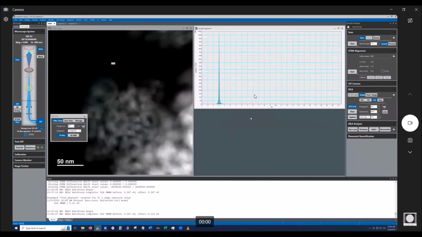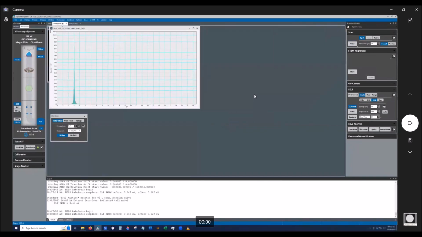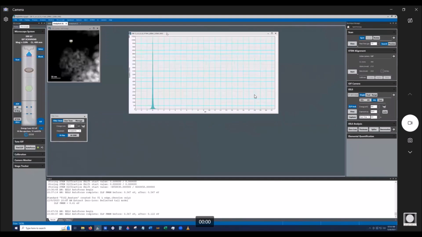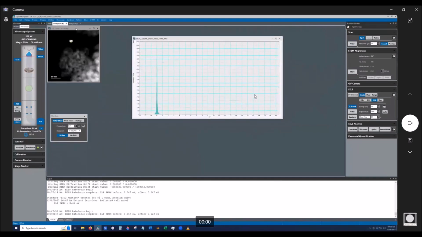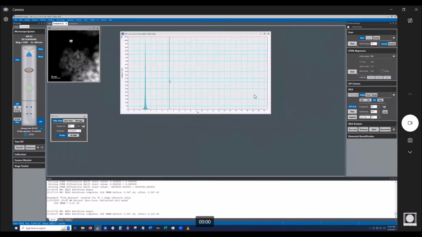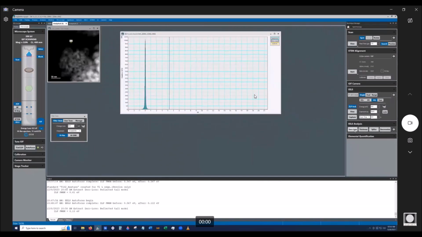I should have probably switched that to frames, but that's fine. Okay, so that's blanked. We blank the beam here. Okay, so yeah, here's the ZLP.